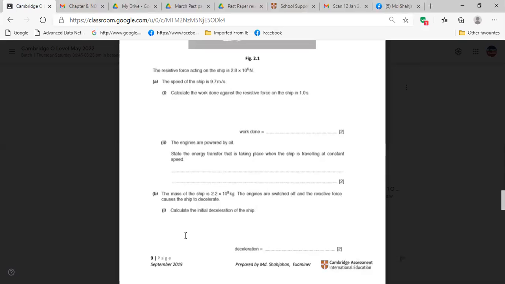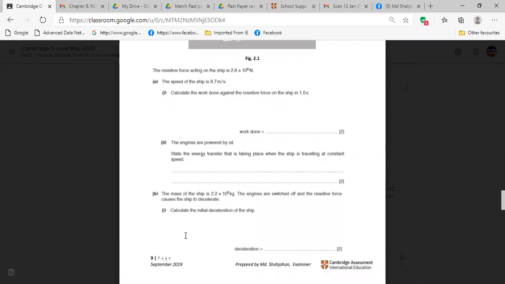Because we have already the resistive force given at the top, just after figure 2.1. You see the resistive force acting on the ship is 2.8 into 10 to the power 6. So force is given and mass is given.